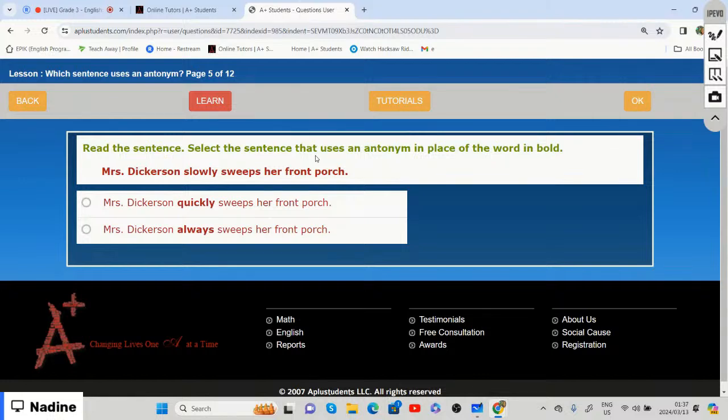All right. So the opposite of slowly, right, is when you're doing it quickly. So it says Mrs. Dickerson slowly sweeps on her front porch.